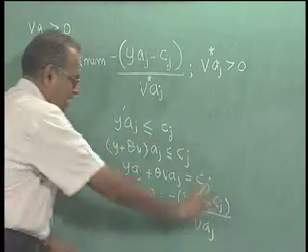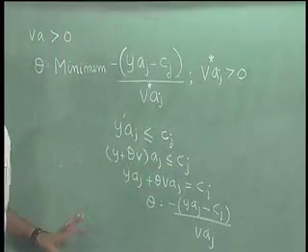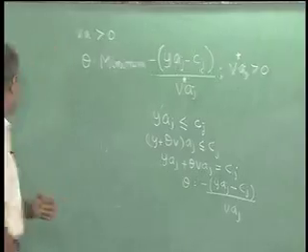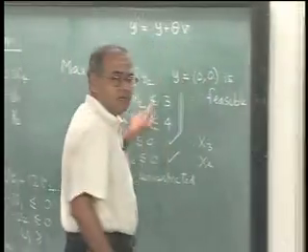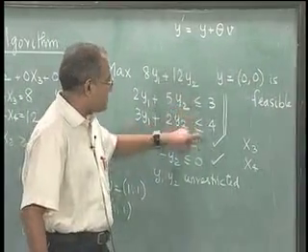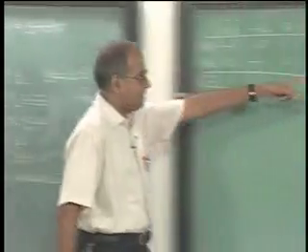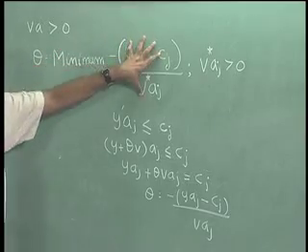So, basically this comes from this derivation that the value which is the minimum will force one of these two to be an equation and the other would still be feasible. So, keeping that in mind, we write this expression for theta.